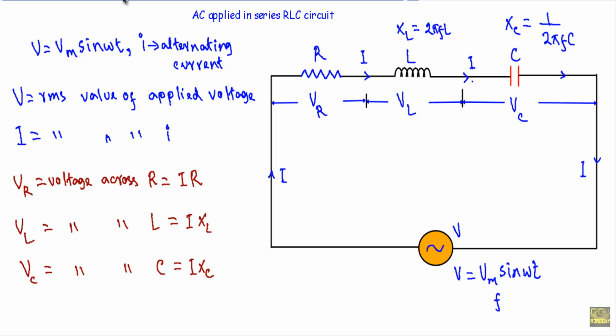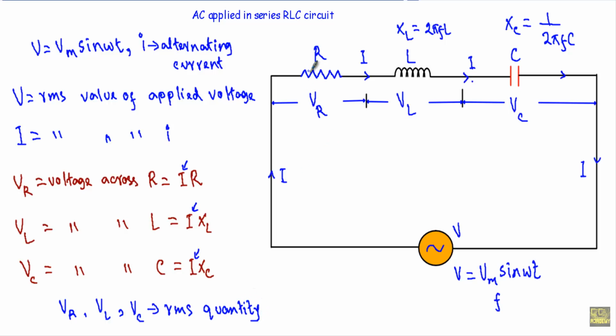Now see, as we are multiplying R, XL and XC with the RMS value of current, this VR, VL and VC will be RMS quantities.